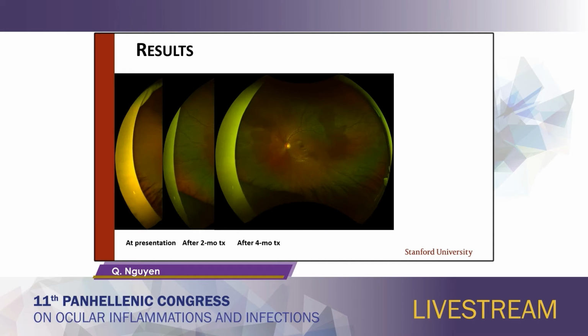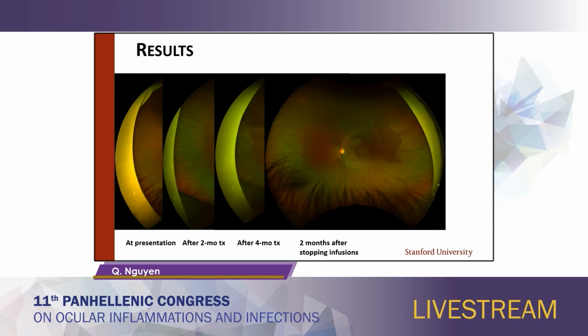Such improvement continued to 4 months, and subsequently, 2 months after the infusion was stopped, the fundus of the right eye remained clear, and the fundus of the left eye showed much resolution of the disease process that was seen initially.